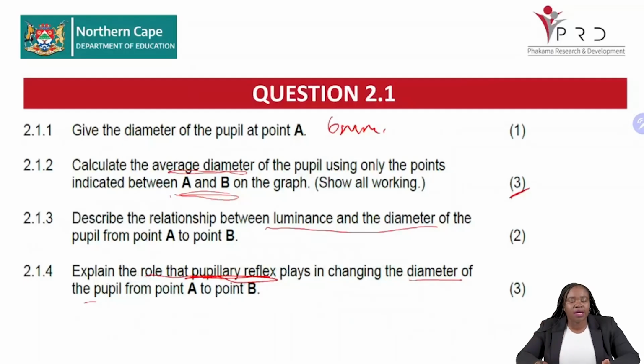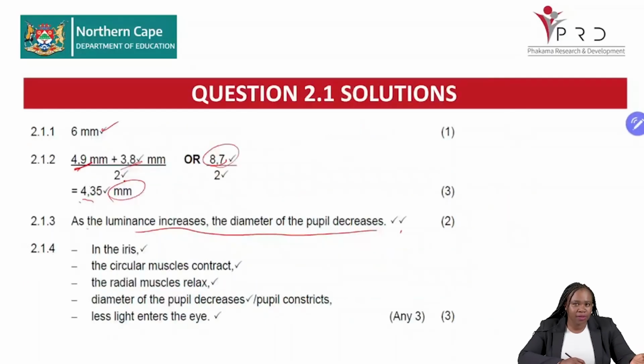What role does the pupillary reflex or pupillary mechanism play in making sure that the pupil dilates or constricts based on the changes in the luminescence? Here we are looking at constriction of the pupil, the diameter becoming smaller in order for the light entering the eye to be less, meaning that you must describe all of that before you can even get to the point of saying the pupil will constrict and the amount of light entering the eye will decrease, right?